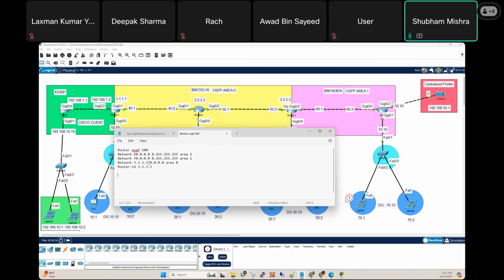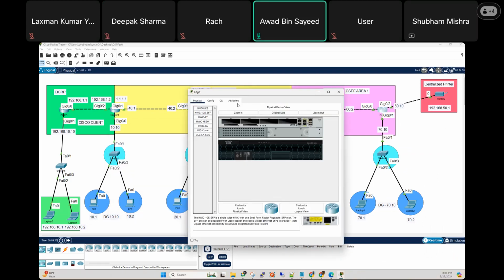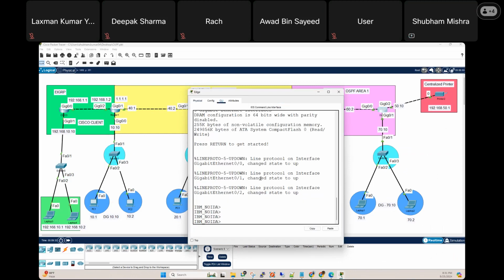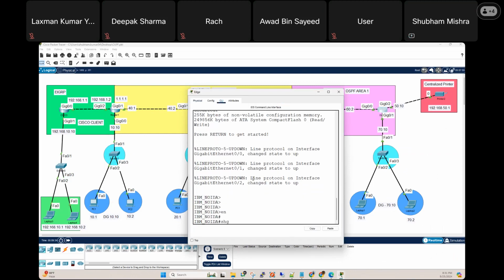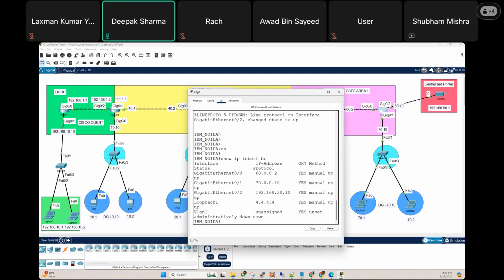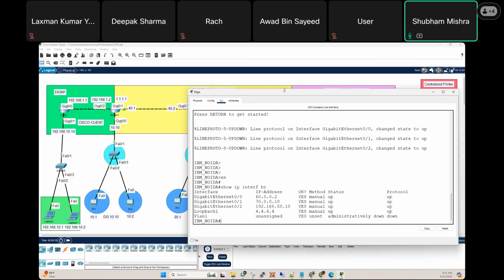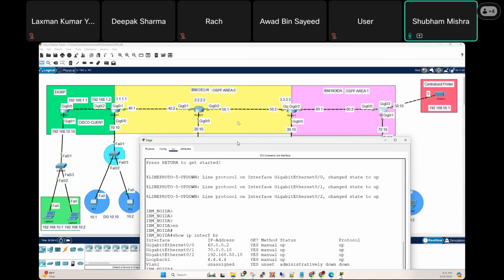Is there any loopback? I don't think there is a loopback. No, no, let me check. IP interface brief. Yes, one loopback is there, 4.4.4.4. Is there any other loopback? I don't think so.